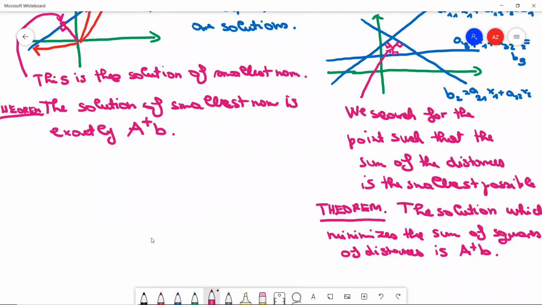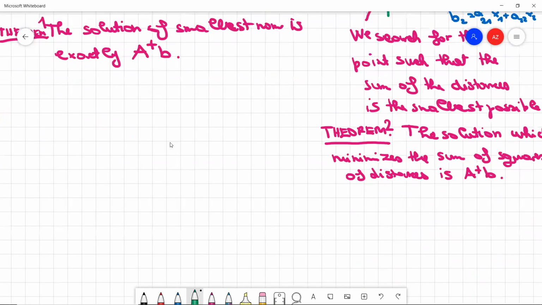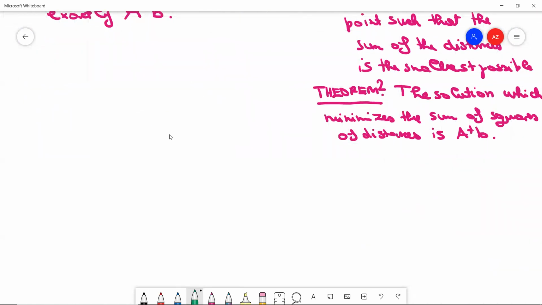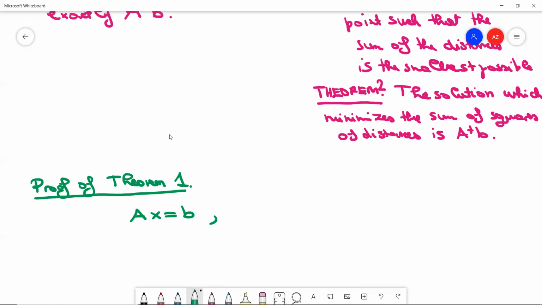Let's say this is Theorem 1, and this is Theorem 2. So, proof of Theorem 1. So what's our setting? AX is B. N here is smaller than M. And B belongs to the column space of A. These are our assumptions.